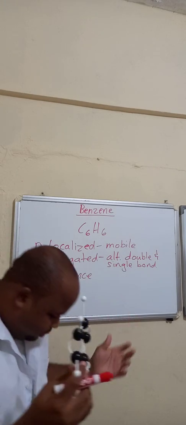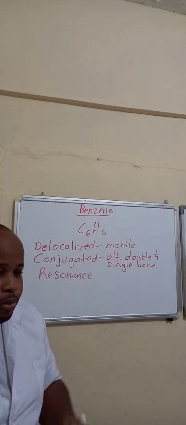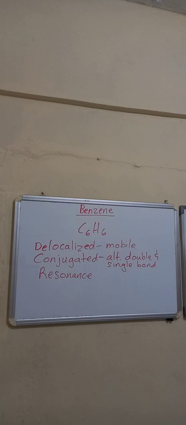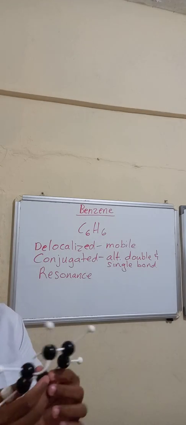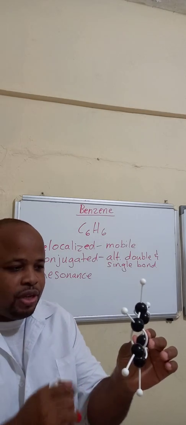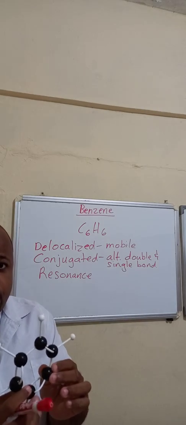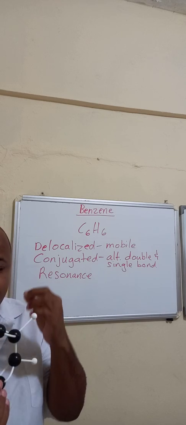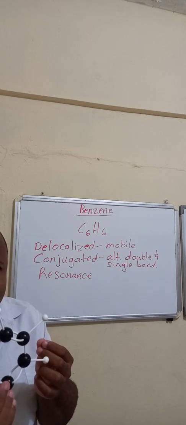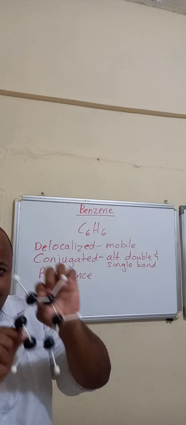So here, on the molecule, it is showing that the double bonds are in specific positions. But for those p orbitals that overlap to form the pi bond, the electrons are not in any fixed position as is shown here.